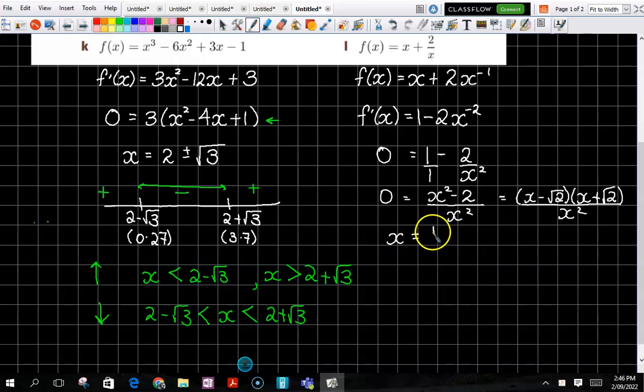Plus or minus root 2, right? And do we have a vertical asymptote? Yeah, where? 0, because if x is 0, it makes the denominator 0, and we don't like that. That's where it's undefined, so I'm going to say vertical asymptote, x equals 0.